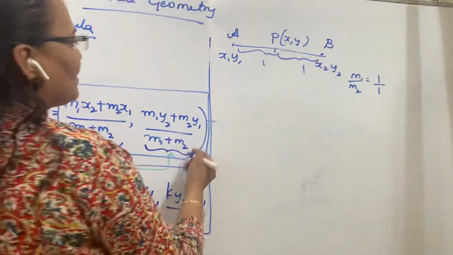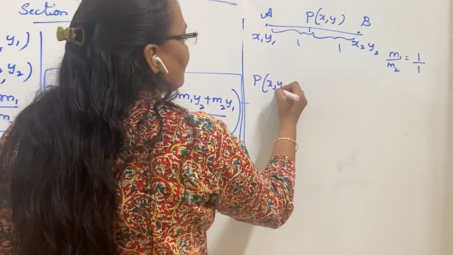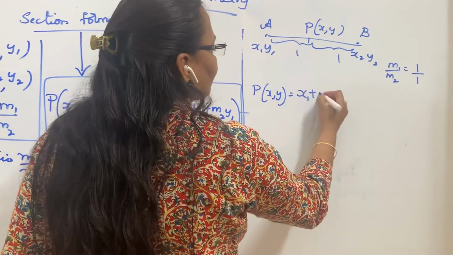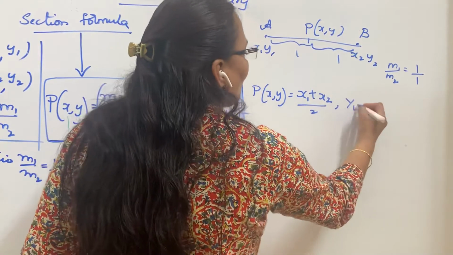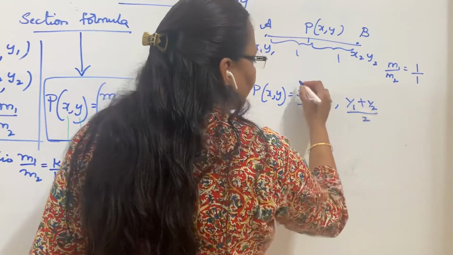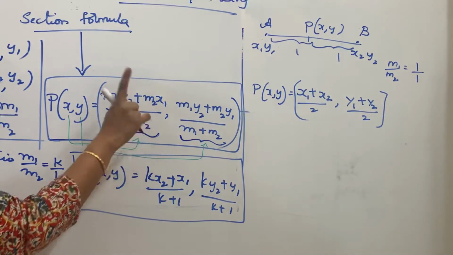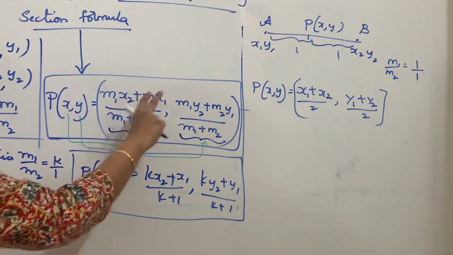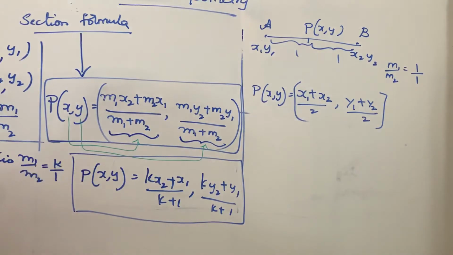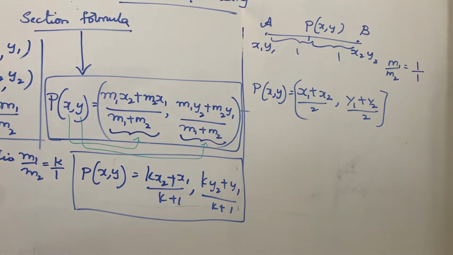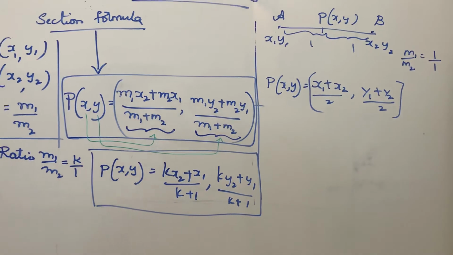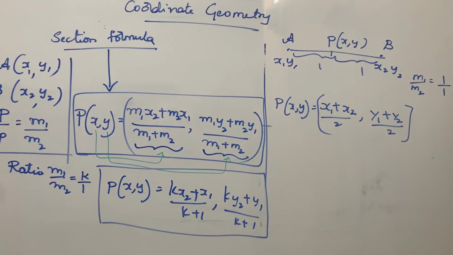Then directly you can apply the formula P x comma y is equal to x1 plus x2 by 2, y1 plus y2 by 2. I have not made any changes. Wherever m1, m2 is there, we have substituted 1 and we have got the answer. Nothing else. Fine. So these are the formulas you have to remember. I'll explain with some examples.